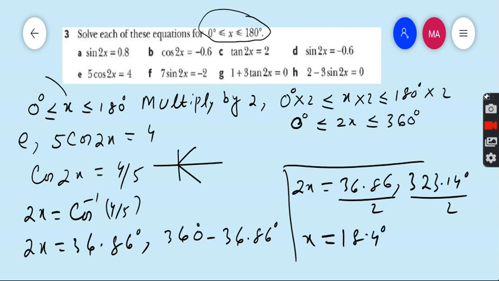And 323.14 divided by 2 is 161.6. And this is our final answer. You can check both the answers lie in our given domain. Come to part F.